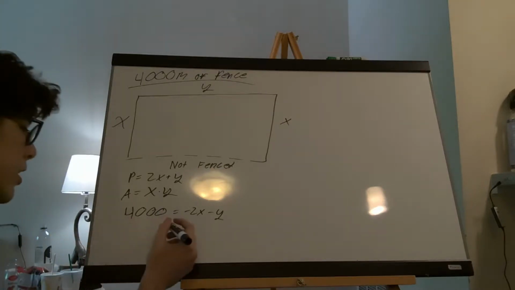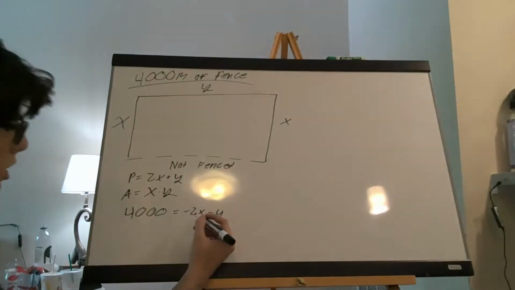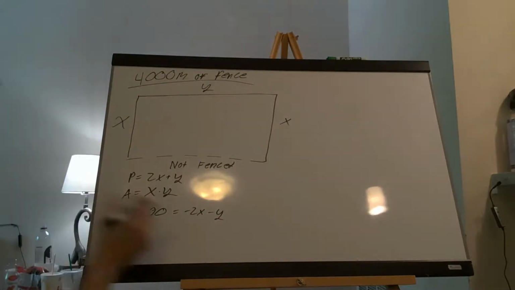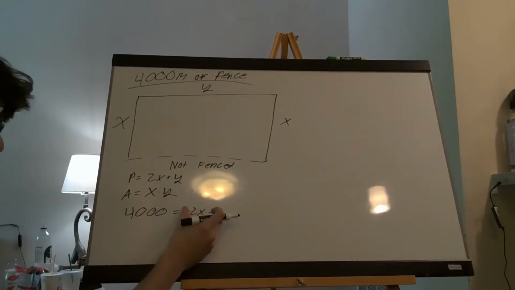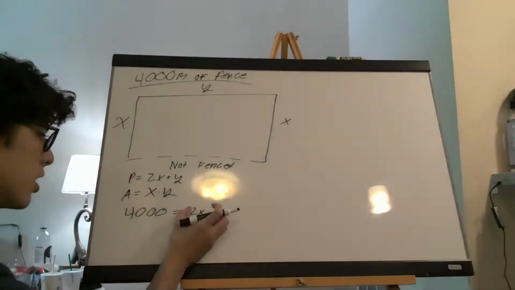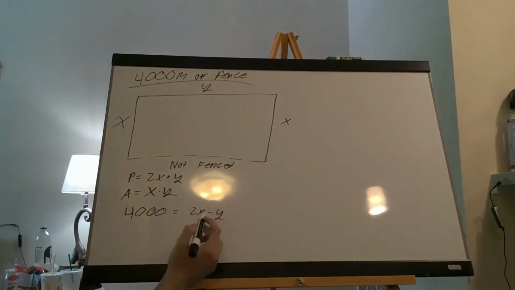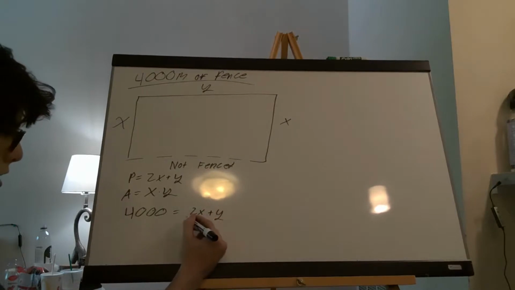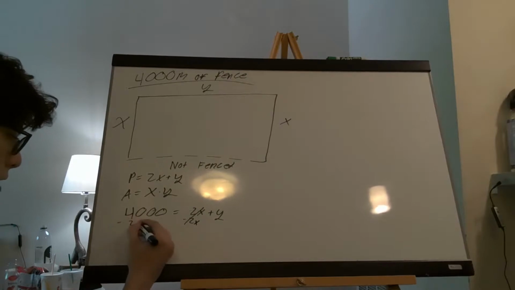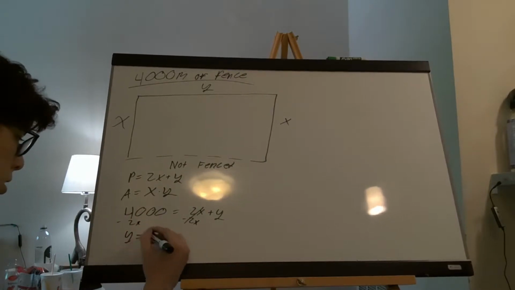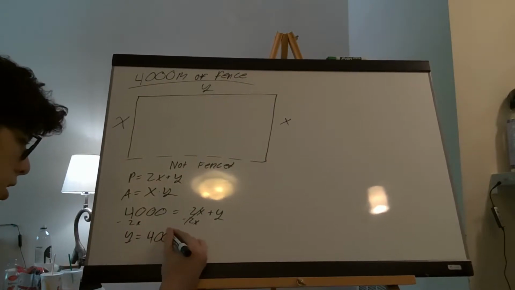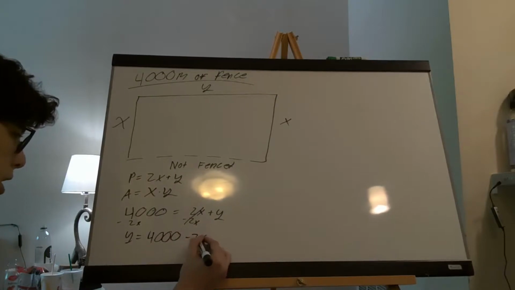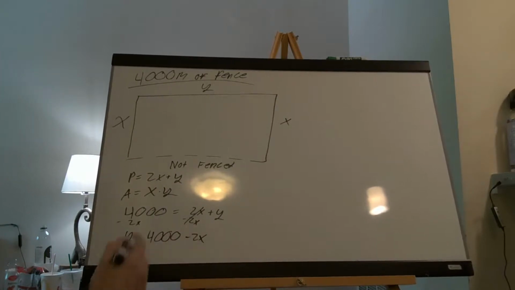This is just algebra. Wait a minute, why is this negative right here? Oh, because I was going to take it away. And then we go y equals 4,000 minus 2x. And now we just plug it into this one.